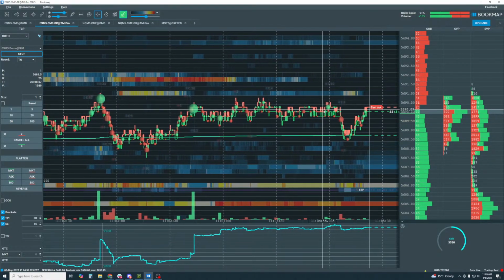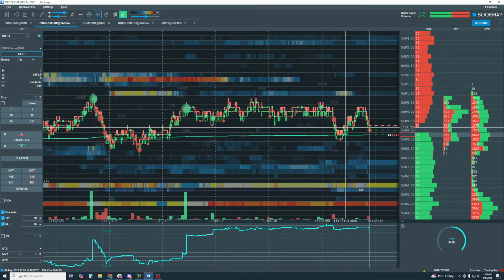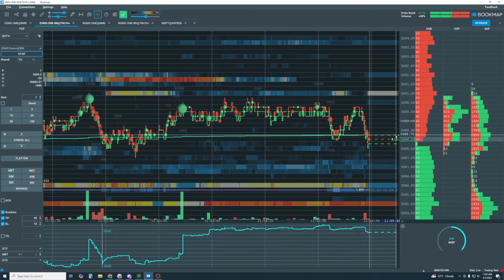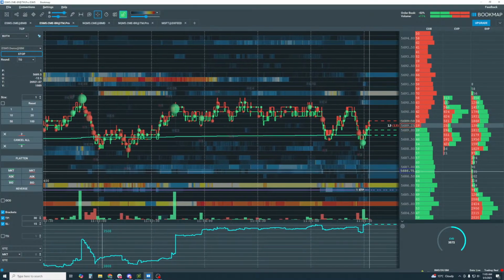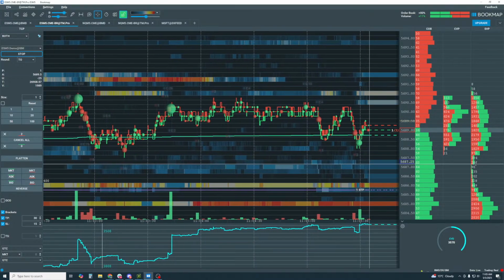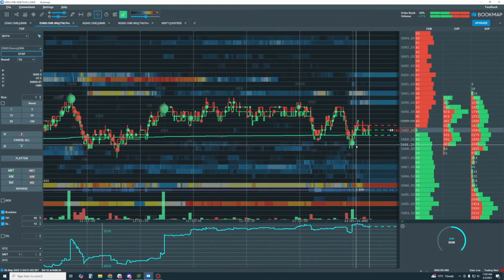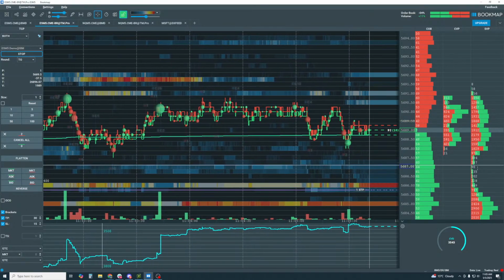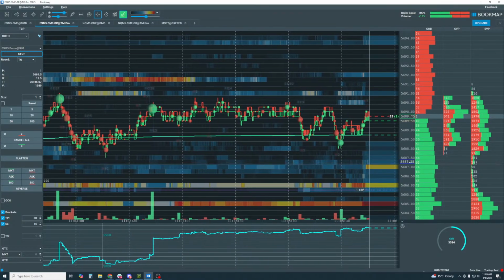So auction market theory plays into this as well. It all fits into auction market theory, but you're looking for a move into where it rejected previously, and that it should reject again, especially on low volume, right? And you'll find that this is a deal for those at the lower end here.